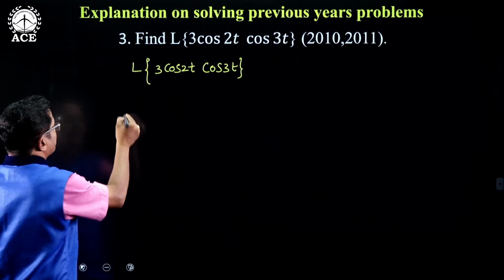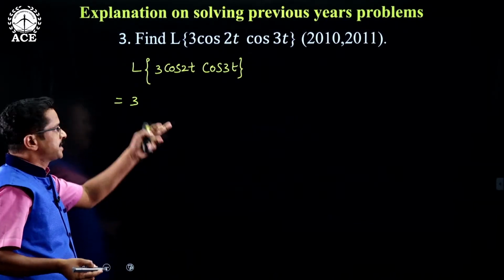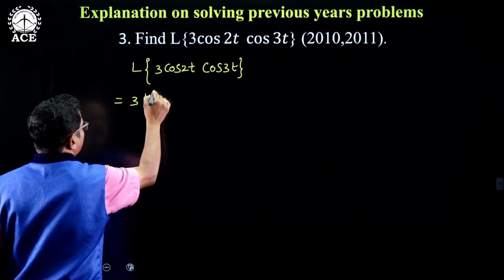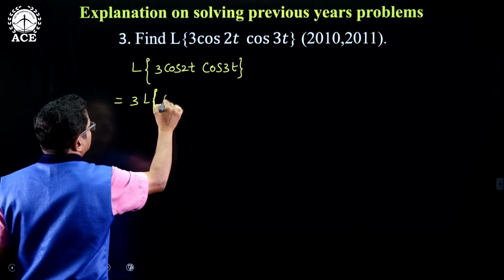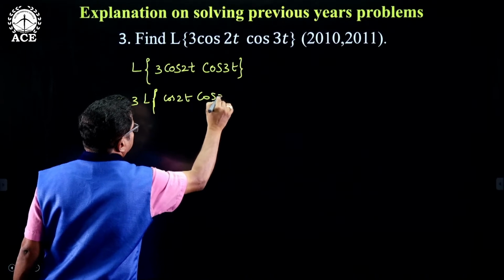So as per the linearity property, this 3 comes out. 3 is a constant, it will come out from the Laplace operator. So that is 3 L of cos 2t into cos 3t.